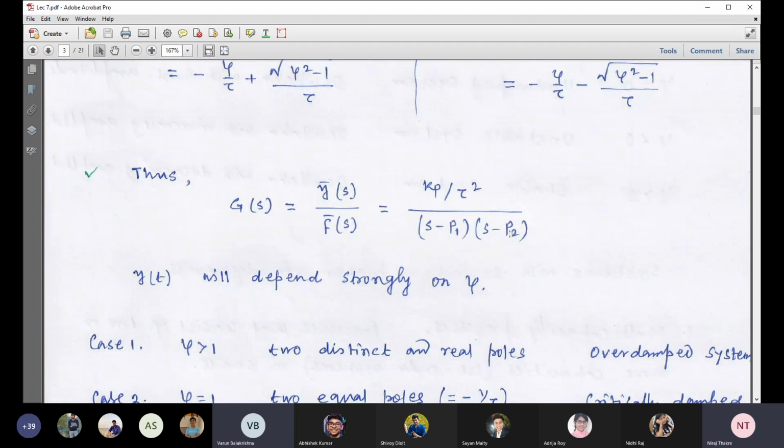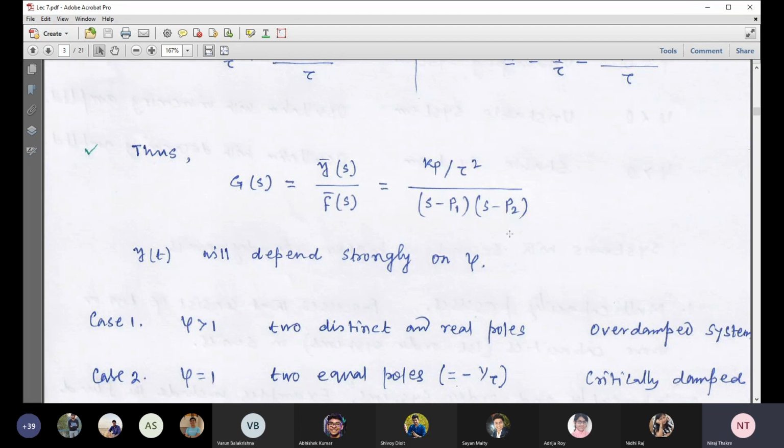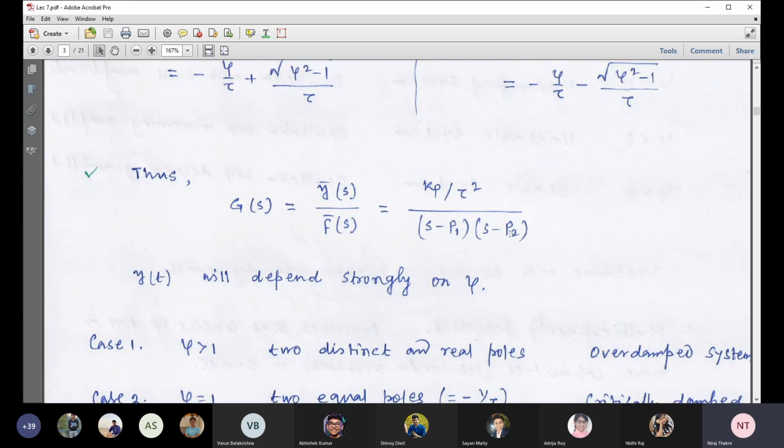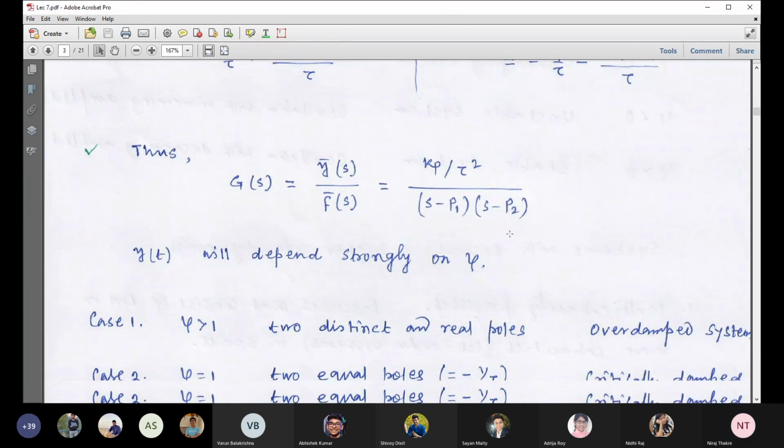You see, if we consider zeta equal to 1, we get two equal poles, and that is minus 1 by tau. So this type of system is called critically damped system. This is the critical value, zeta equal to 1.